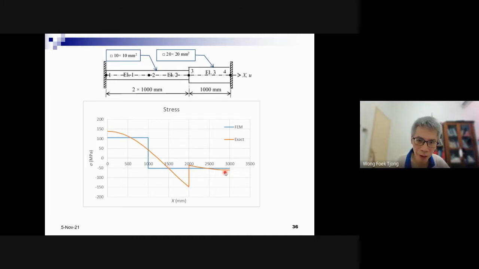There is a stress jump, but the finite element solution again gives piecewise constants, 1, 2, 3. Here there is a jump, right? Because this is just a constant for this element, and this is the constant for this one.